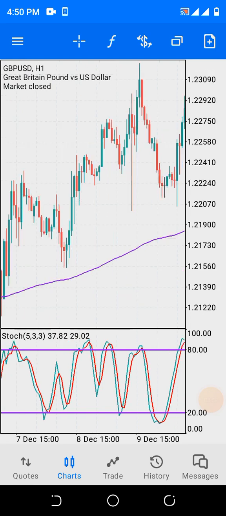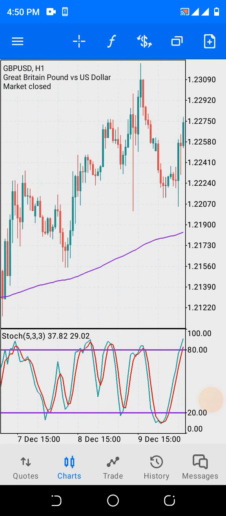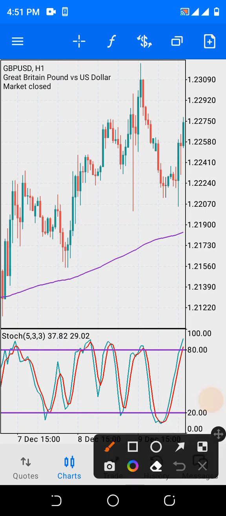On the other hand, whenever the candlesticks are above the moving average, all your focus should be on where to enter buy. Do you understand? Whenever the candlesticks are above the moving average, all your concentration should be on where to enter buy.